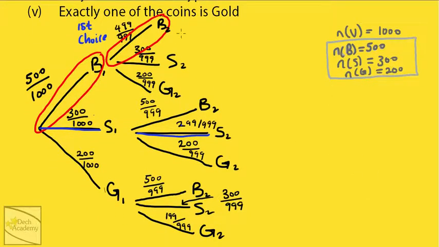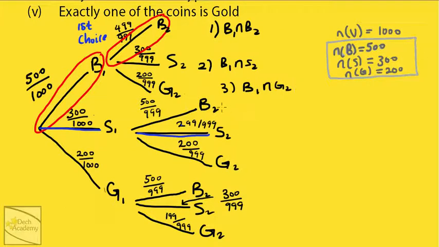In part 4, we need to find the probability that both coins are of the same type. Just to make things clear, let's list out all the events that make up the sample space. The first event is bronze and bronze. Second event is bronze and silver. The third event is bronze and gold. I'm just moving along the branches.